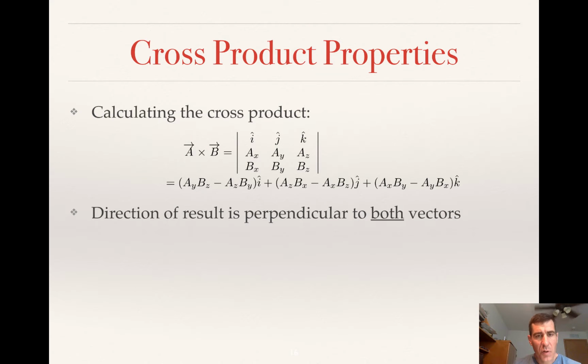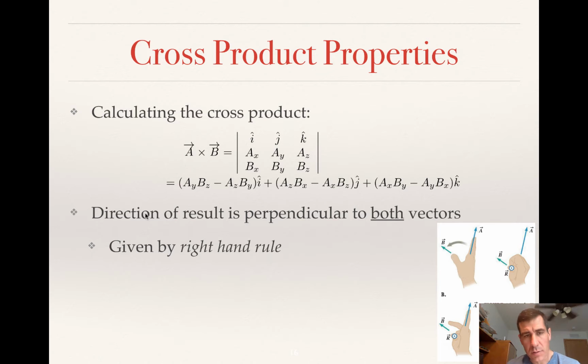Now, one of the important things to remember about the cross product is that it produces a vector, so it has a direction. The direction of the resultant is perpendicular to both of the vectors you started with. So if we have vector A and vector B, we take their cross product, the resultant is going to be perpendicular to both of them, sometimes called the binormal.